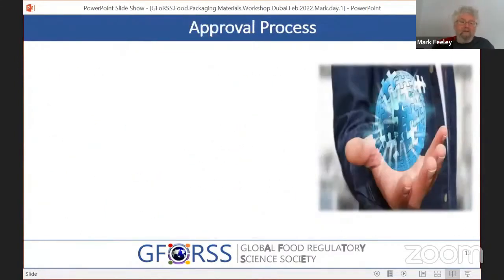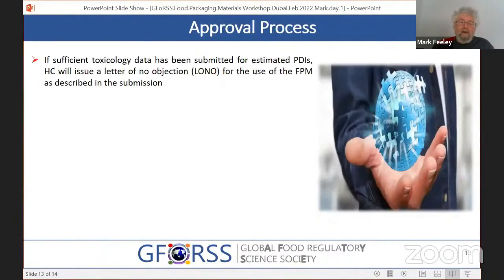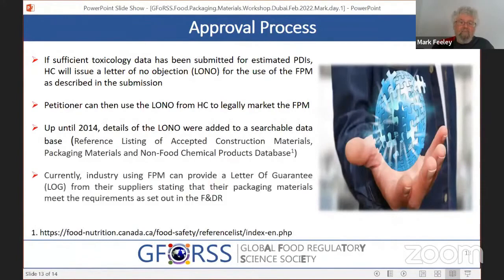Health Canada initially developed its threshold of regulation based on a previous Red Book position that was published by the FDA, and it provides a very detailed summary of how this threshold of regulation has been developed.